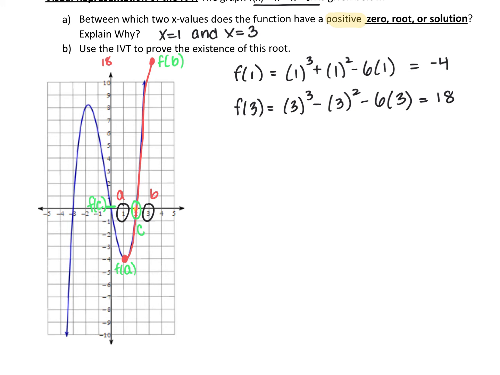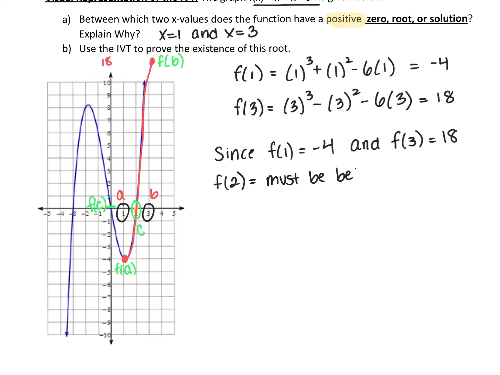So what you could say, since f of 1 is -4 and f of 3 is +18, f of 2, the x value at 2, must be between y equals -4 and y equals 18, which it is.